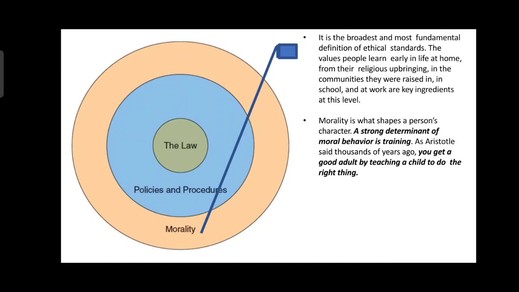As Aristotle said thousands of years ago, you get a good adult by teaching a child to do the right thing. So who among you knows the difference between doing the right thing and doing the things right?